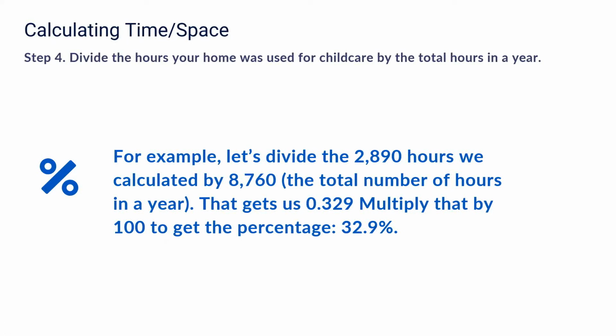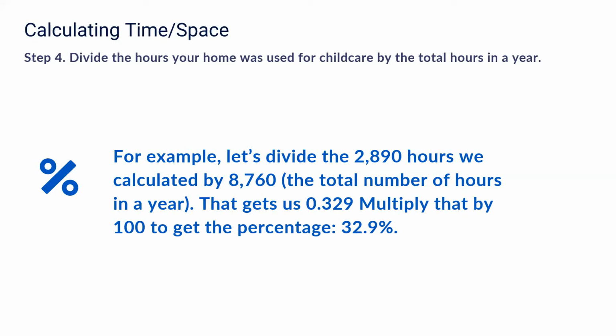Step 4, divide the hours your home was used for childcare by the total hours in the year. For example, let's divide the 2,890 hours calculated above by 8,760, which is the total number of hours in a year.